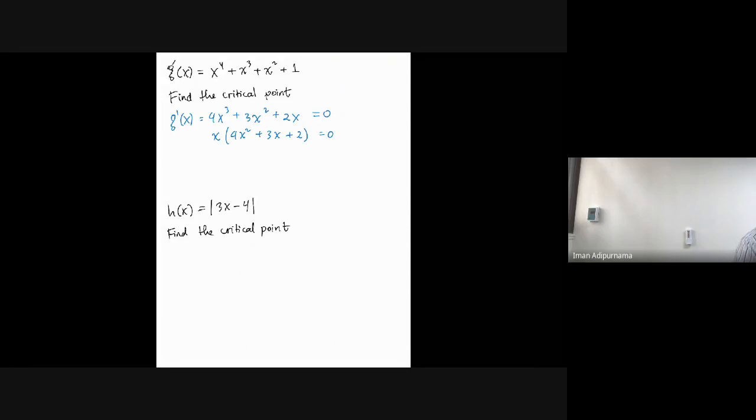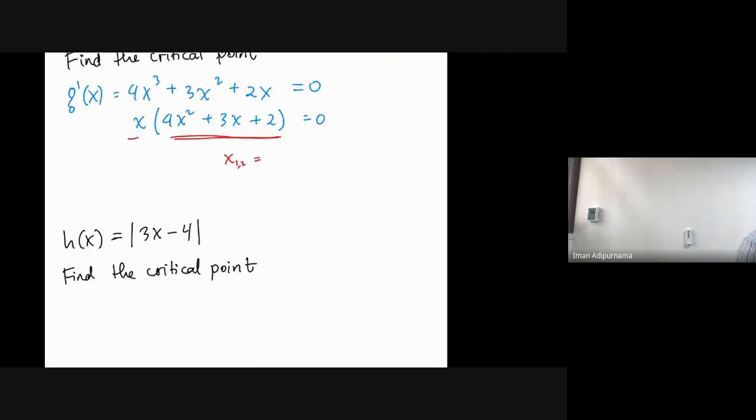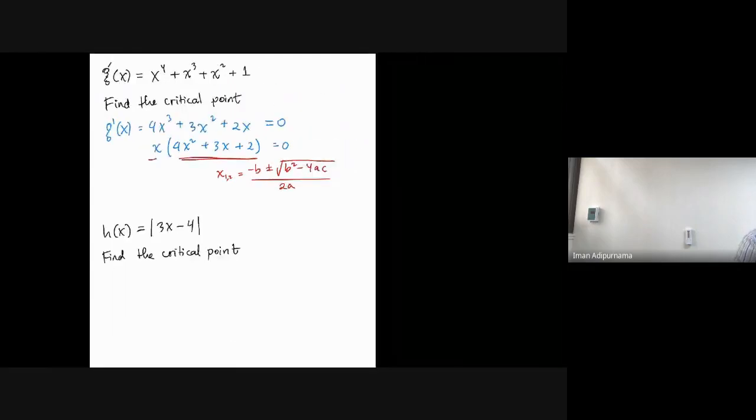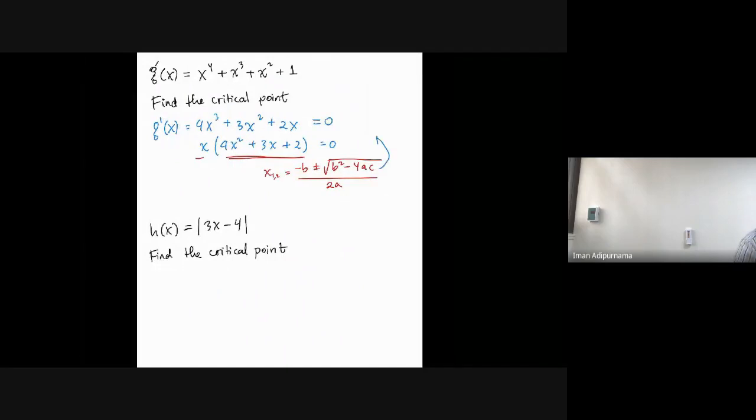Okay, you have two expressions, the x and the other part, your quadratic. I hope you still remember the quadratic formula for a quadratic function: minus b plus or minus the square root of b squared minus 4ac, divided by 2a.